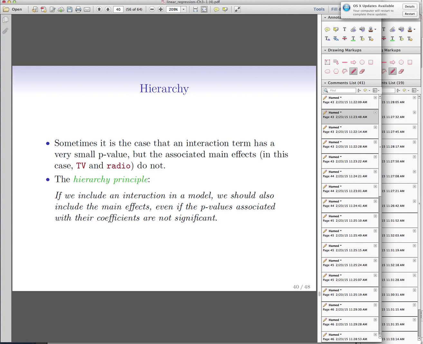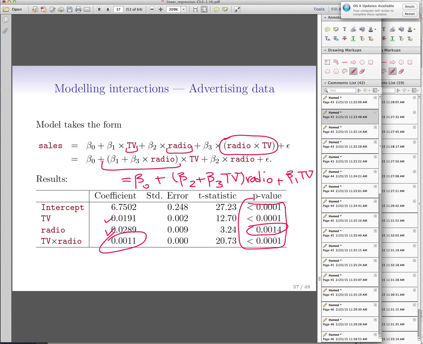So we have a rule in the statistical hierarchy, and that is extremely important. I want you to remember it all the time. And that says, if you have decided to keep the interaction term, you can never ever drop your main effects. For instance, let's say here the interaction effect was statistically significant, whereas radio has p-value, let's say 0.85. If that was the case, we couldn't keep this interaction effect without keeping radio.